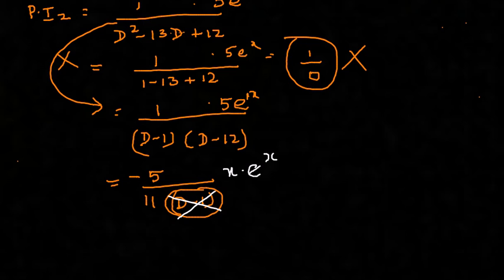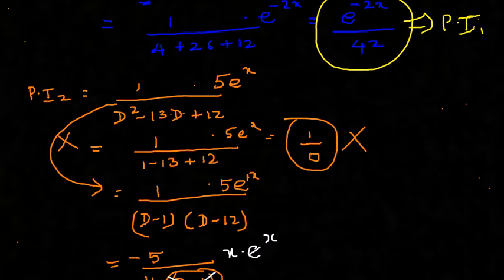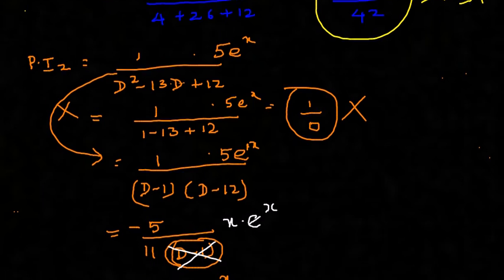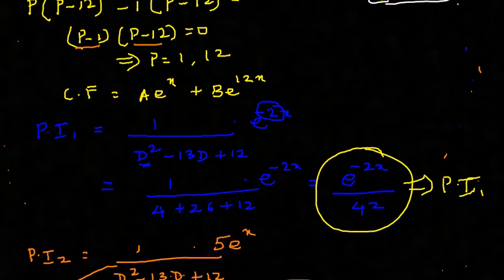So if I write this neatly, my particular integral 2 will be minus 5 by 11 x into e power x. So always remember, when your denominator becomes 0, you split this particular equation just like how you did for your characteristic equation, right?